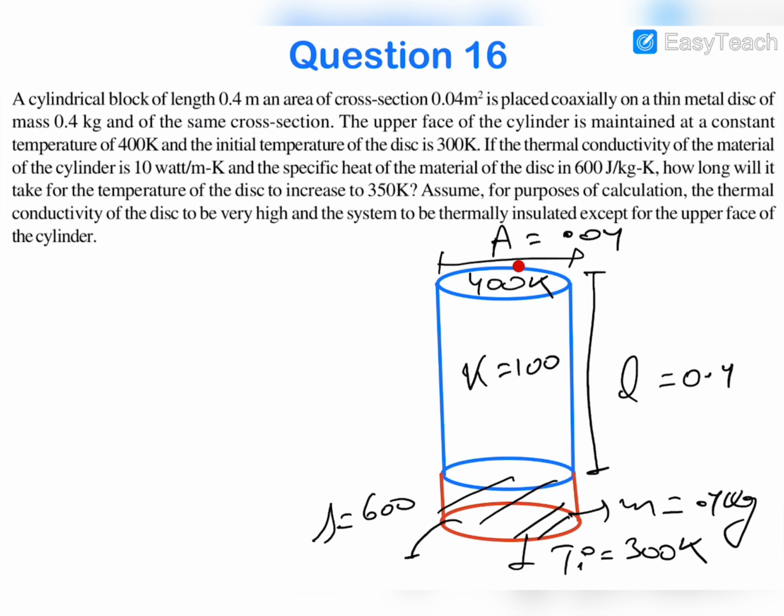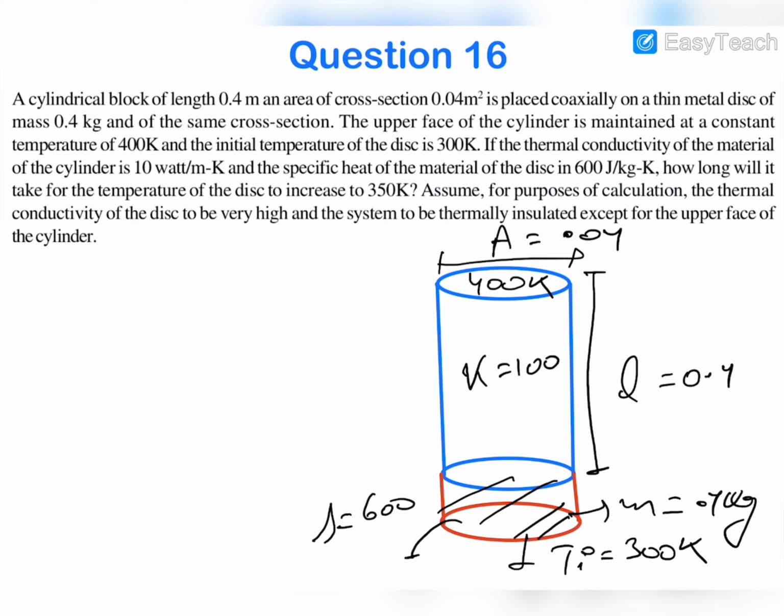The upper surface of the cylinder is maintained at a constant temperature of 400 Kelvin, and this disc has an initial temperature of 300 Kelvin. The thermal conductivity of the material of the cylinder is 10, and the specific heat of the disc is 600. We have to find the time in which the temperature of this disc will increase to 350 Kelvin.